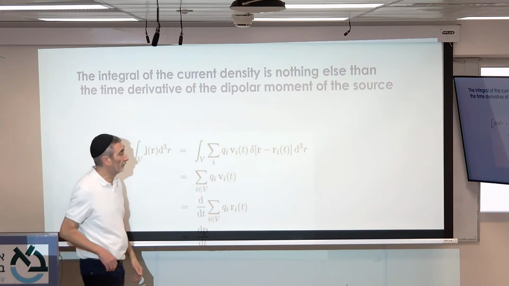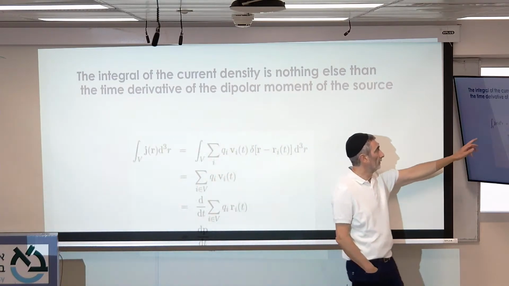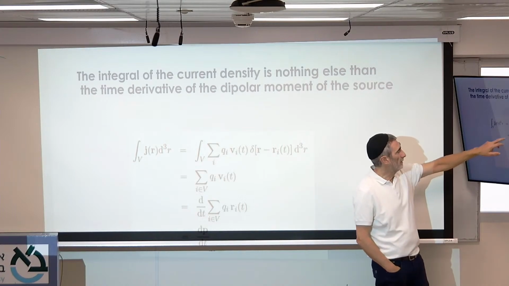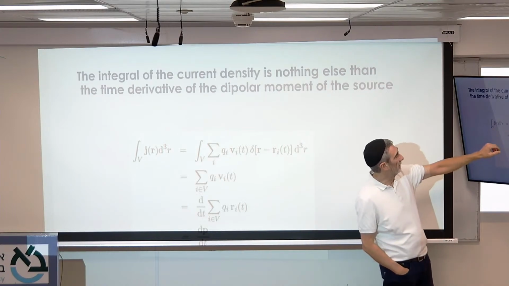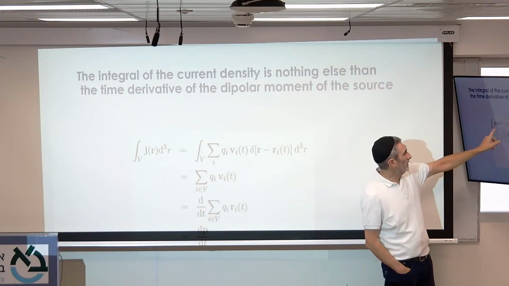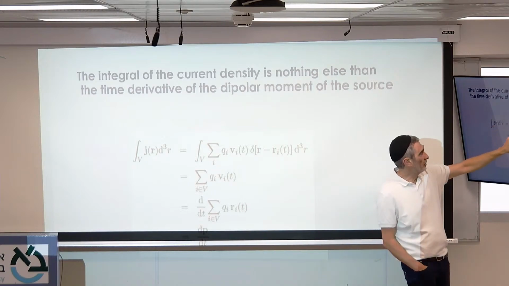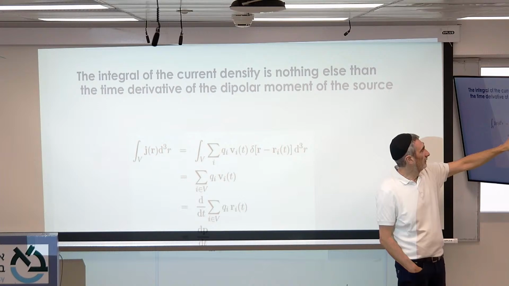So what do we have here? The integral of j over this volume, it's not very clear. So j is the charge times the velocity times the position where the charge is.